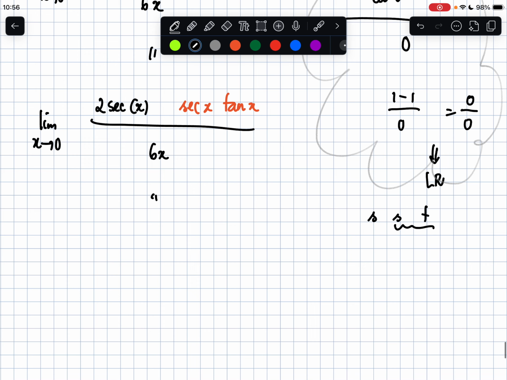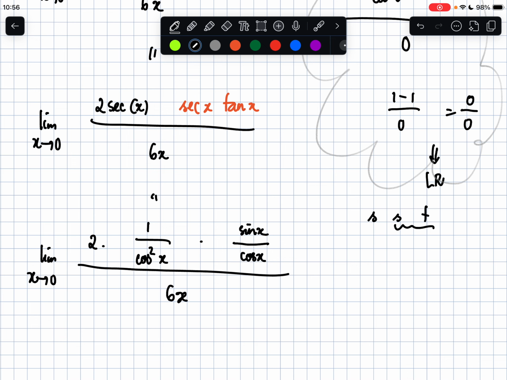Now we're good. This one you can write all in sine and cosine. Limit as x goes to 0 of 2 times secant squared, so 1 over cosine squared of x, times tangent x, sine over cosine, divided by 6 times x.